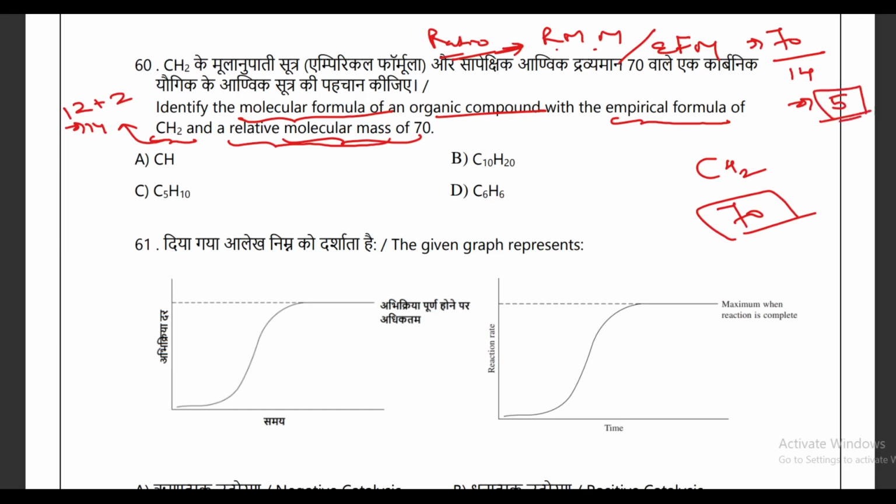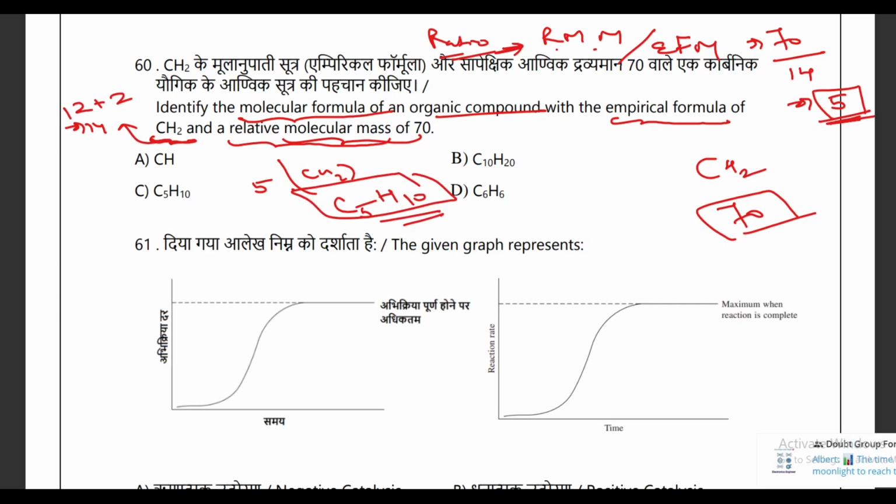So this is the ratio. You multiply the subscripts in the empirical formula CH2 by this ratio to get the molecular formula. So multiply CH2 by 5 and you will get C5H10. So C5H10 is the formula of the organic compound. In this case your correct answer is C option.